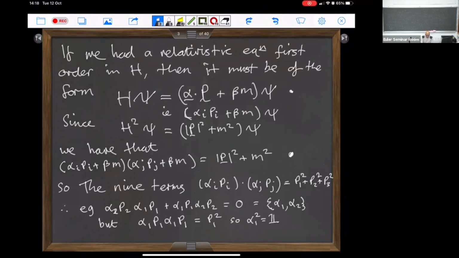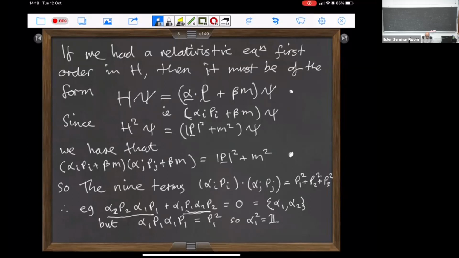So for example, let's look at the terms proportional to P1 and P2. You could have this term, but you can also have this term. And the sum of these has to add up to 0, because on the right-hand side of the squared equation, there's no P1 times P2. So in other words, alpha 1 and alpha 2 have to anti-commute with each other.